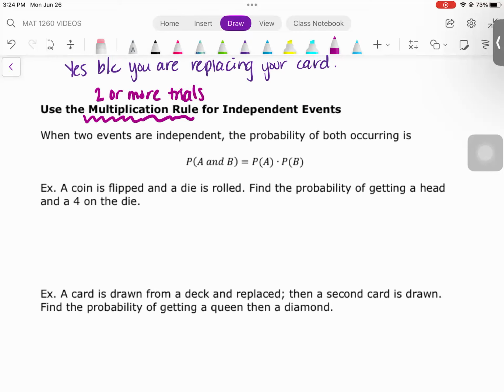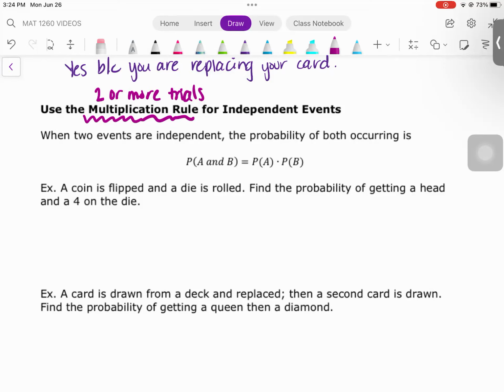This is in comparison to the addition rule that we learned previously, where we were trying to find the probability of just a single event or a single trial, but the probability that that one trial resulted in event A or event B. So for the multiplication rule, we're using this for really just a sequence of events.